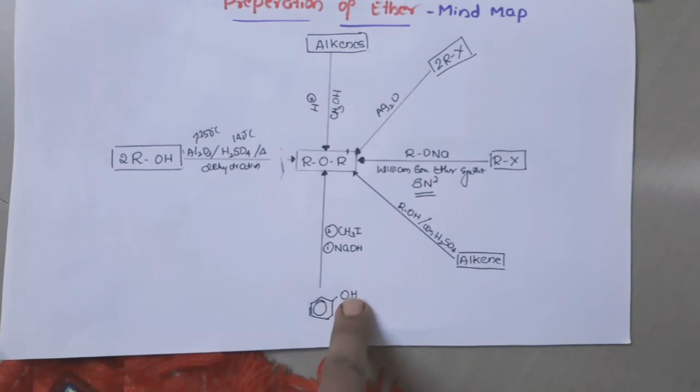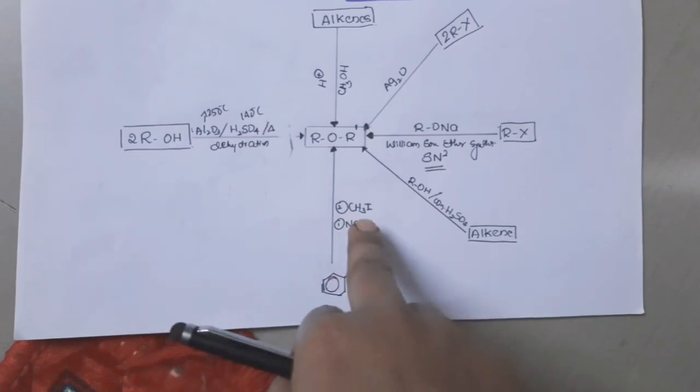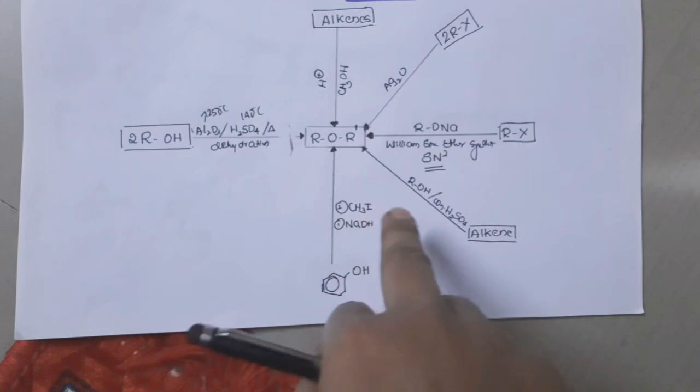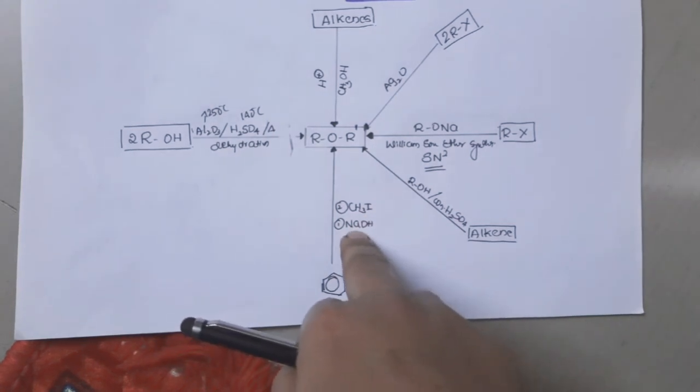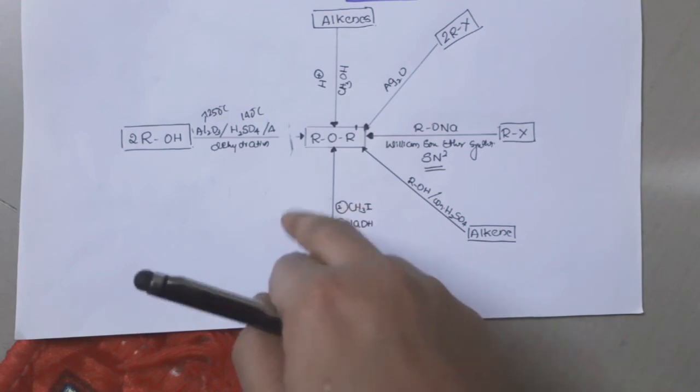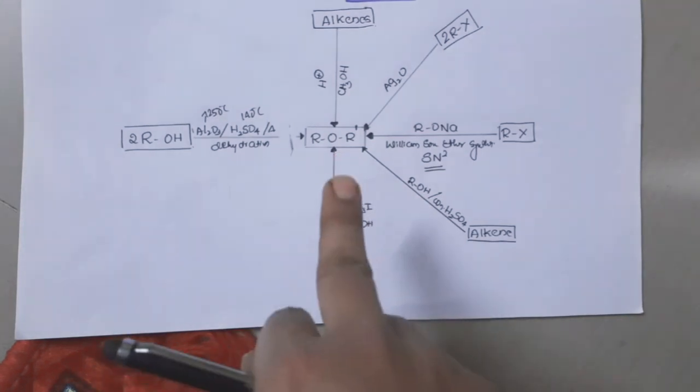Now you have to concentrate here. When phenol is treated with sodium hydroxide, first phenol reacts with sodium hydroxide to form sodium phenate. That sodium phenate, or sodium phenoxide, is treated with methyl iodide, which results in the formation of an ether.